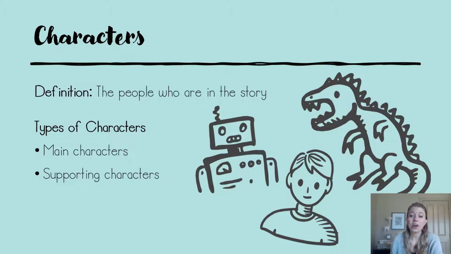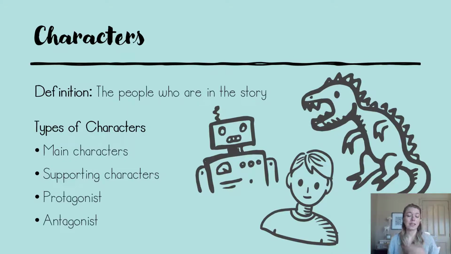Now, characters can also be categorized as a protagonist or an antagonist. Now, these protagonist and antagonist could be a main character or a supporting character. Your protagonist is always going to be main, though. And your protagonist is that one most important character in a story, the one who the story is all about. So in the case of Wonder, Augie is your protagonist.